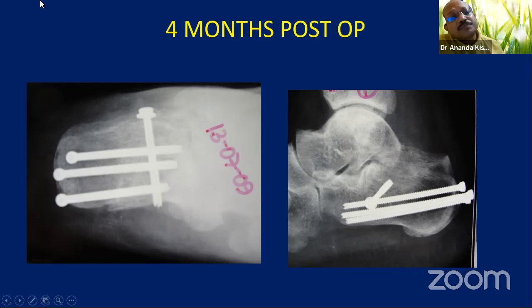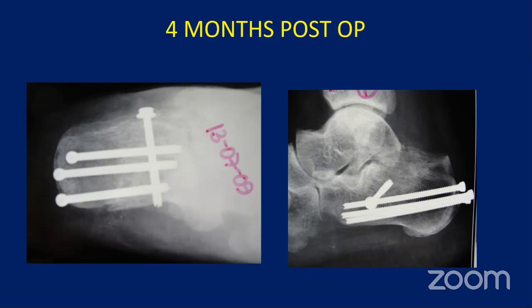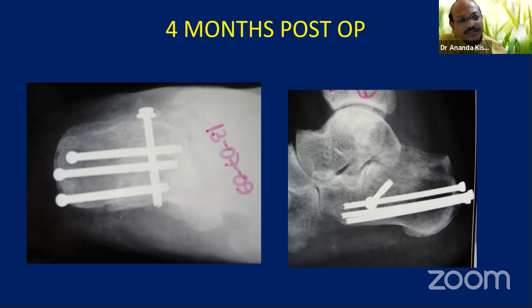Evidence-based medicine also suggests that whatever treatment you offer for Sanders type 3 and type 4, there is 100% incidence of post-traumatic subtalar osteoarthritis over a period of time. That's true. So if that is the scenario, why not use MIS?